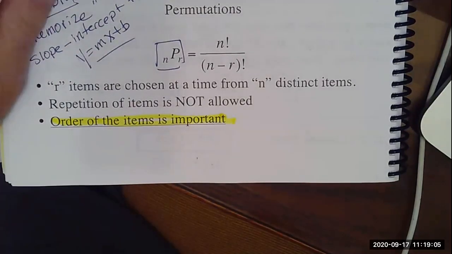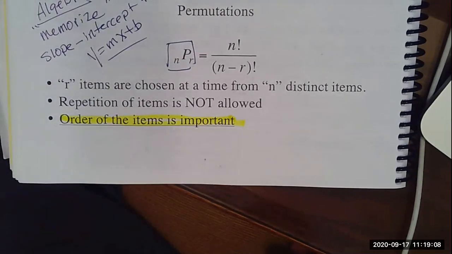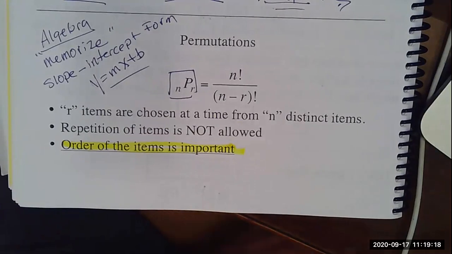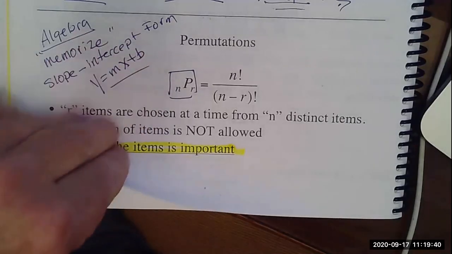Order is important. Order is important. Now, the second bullet up there says repetition of items is not allowed. If you remember the license plate from the Bahama problem, there's 3 slots and you can't repeat anything. That's the repetitions is not allowed. That's a permutation. Go back over here.